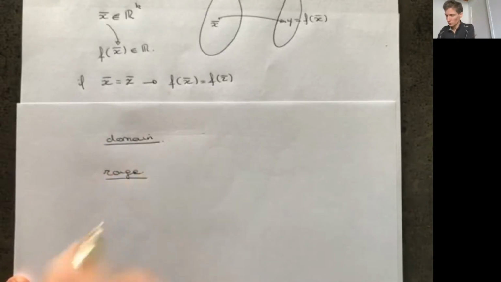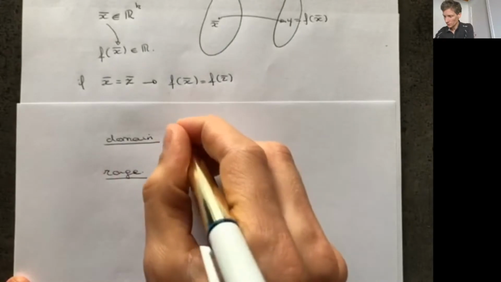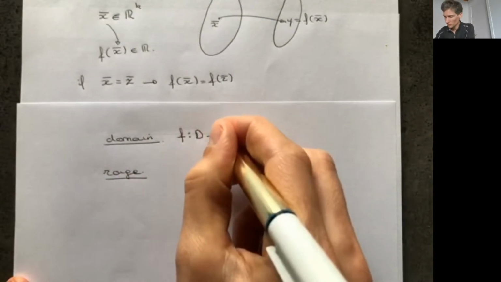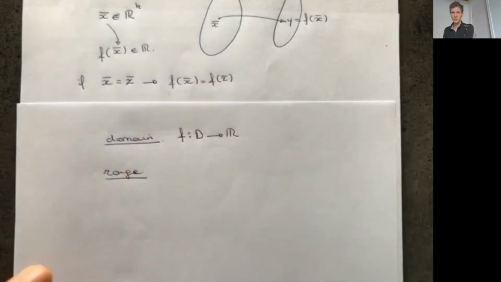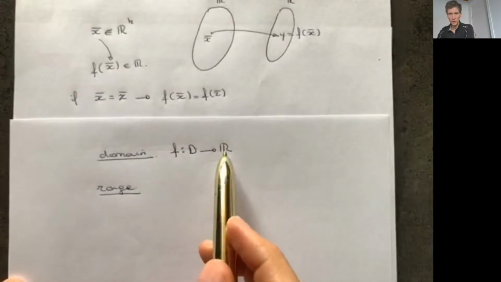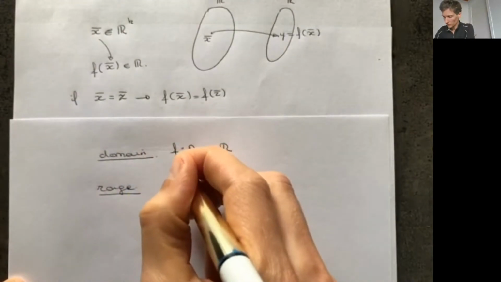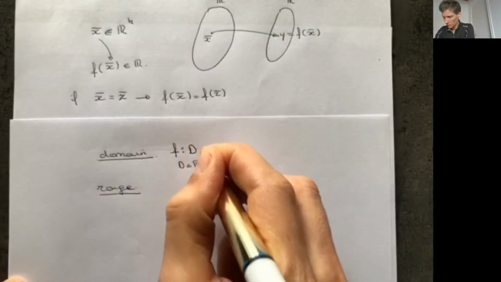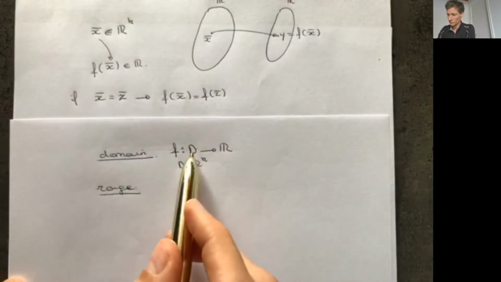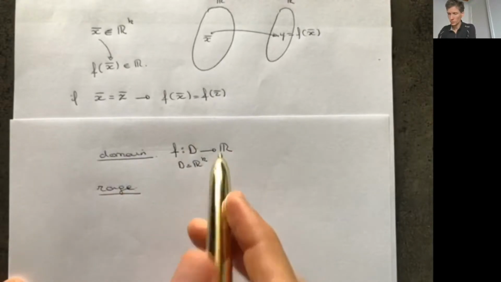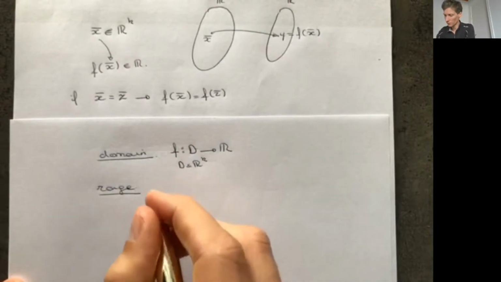A function we normally denote as f, then a colon, then the domain, which we will call D, then an arrow, and then what you get out of it, which is going to be a number. Here D is a subset of Rk, so what you put inside are vectors. All vectors in D can be put inside the function, and what you get out of the function is going to be a real number.